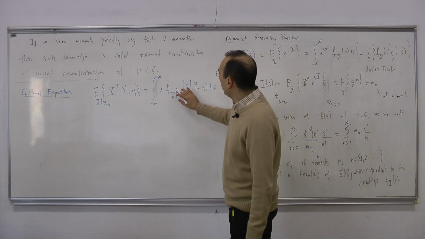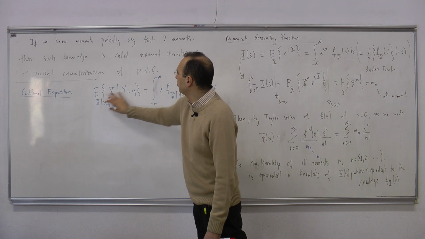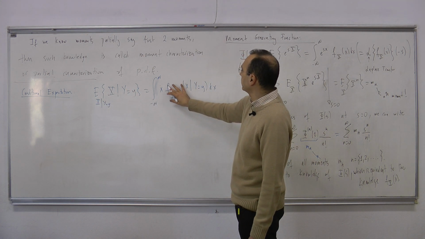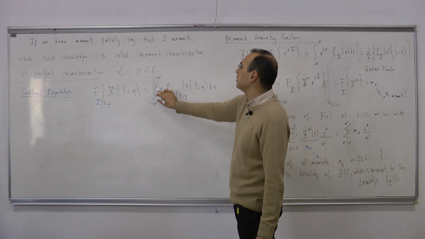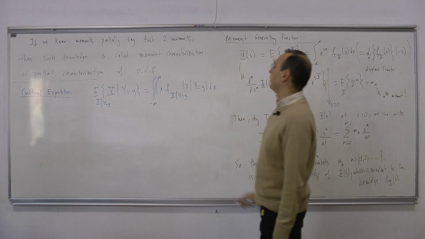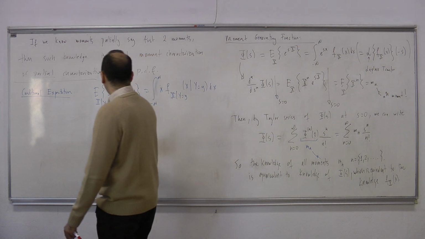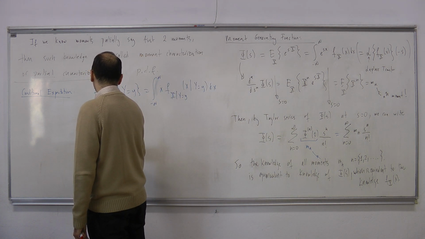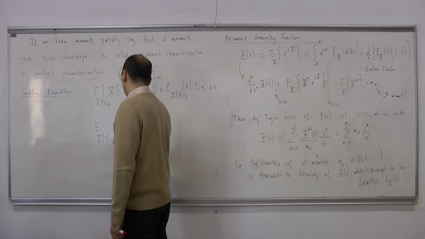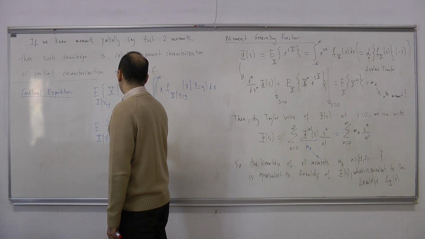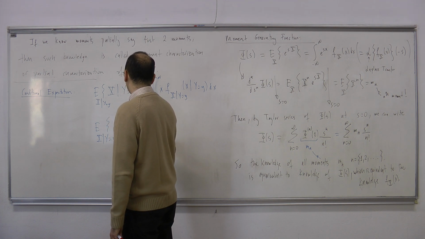Well, this is the density of x. Forget about the details. This is the density of x after conditioning, and this is the expectation with this density. Okay, that is it. Now, of course, I can do things like this, maybe more interesting things. Again, a conditioning is present, but now I have a function of x and y.